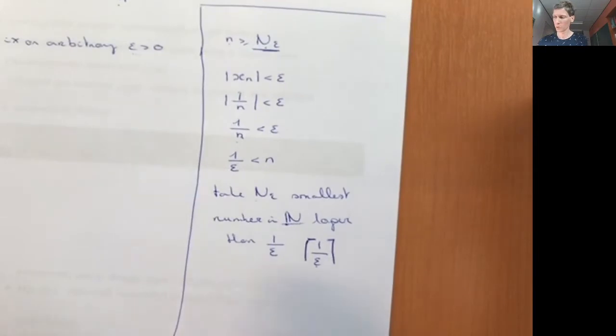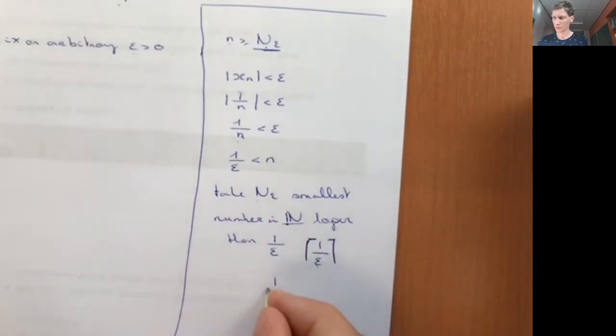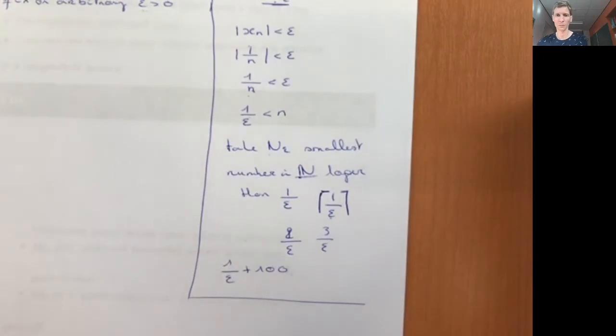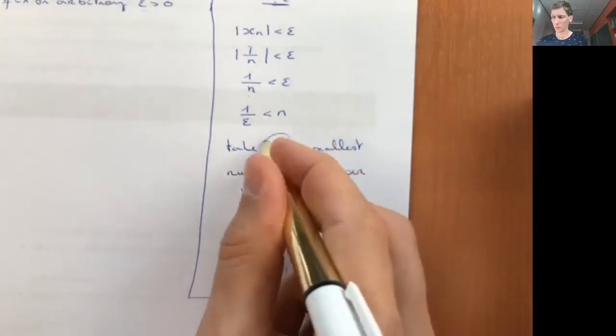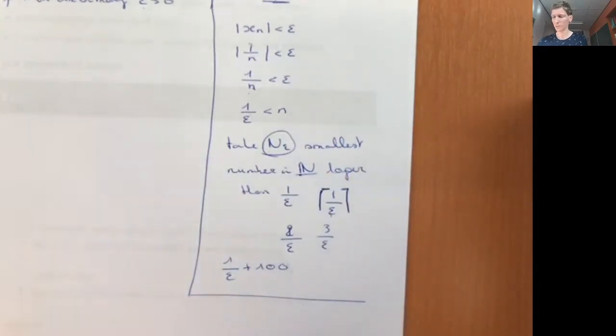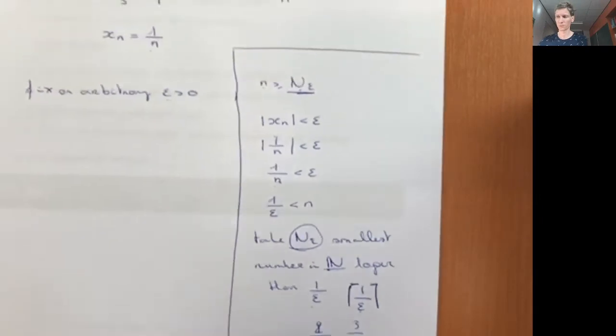What you can also do is take N_epsilon to be the smallest number larger than 2 over epsilon, or you can take 3 over epsilon, you can even take 1 over epsilon plus 100, whatever. As long as it's strictly bigger than 1 over epsilon, we are happy. We don't really care. The only requirement is that N_epsilon is a natural number that is larger than 1 over epsilon.